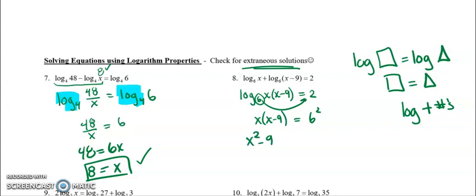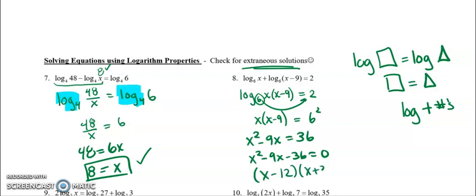Distribute. We get x squared minus 9x equals 36. Ooh, quadratic. So get one side equal to 0. And then we're going to factor. It's going to factor into an x minus 12 and an x plus 3 equals 0.